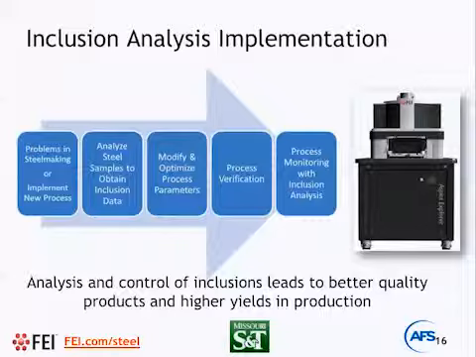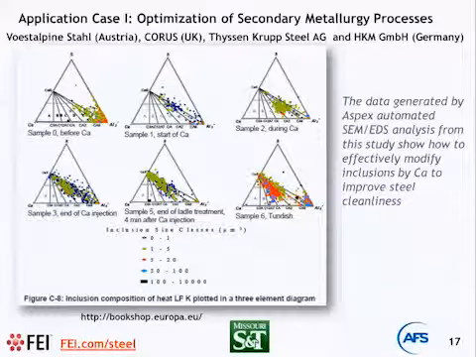Back then, they had already started using some older versions of automated SEM-EDS technology provided by the ASPEX company. What they did is they studied the calcium treatment of the steel in the secondary refining process to try to optimize the steel treatment to control the inclusions.